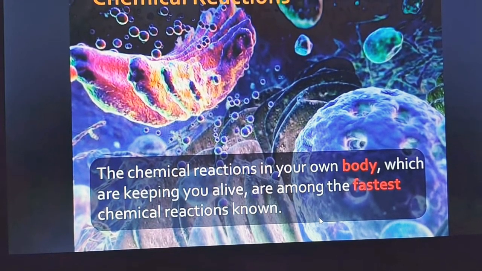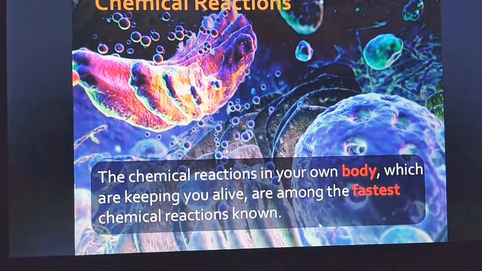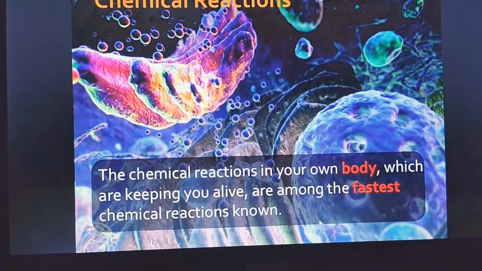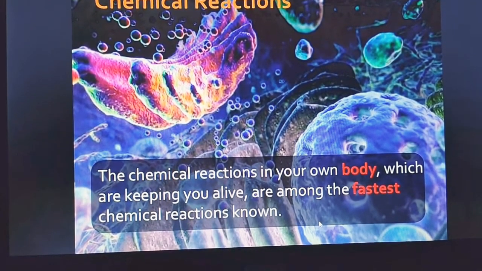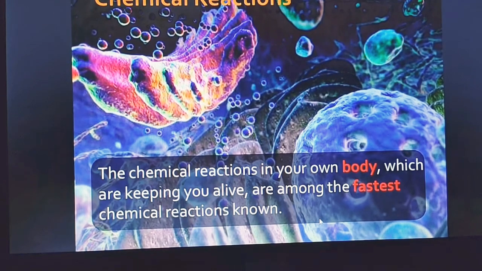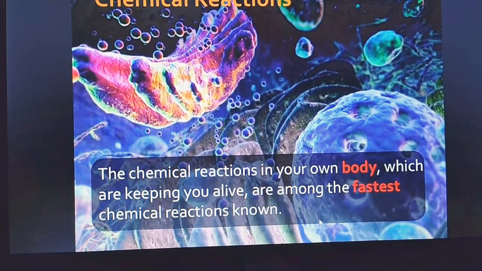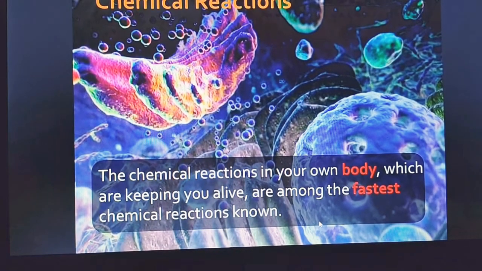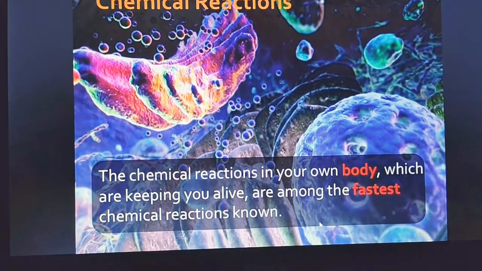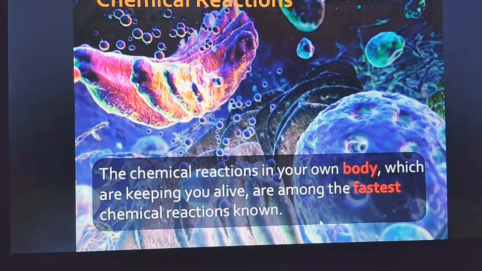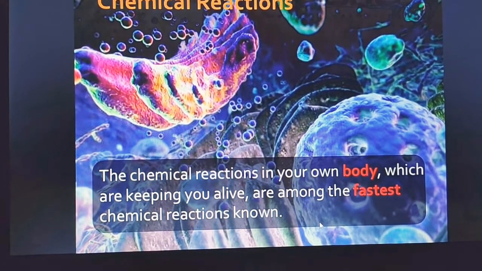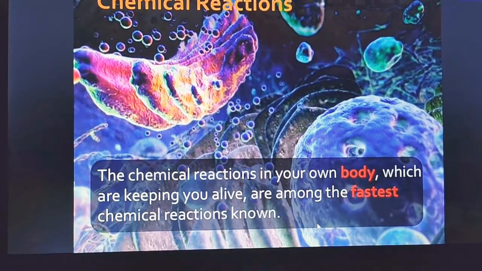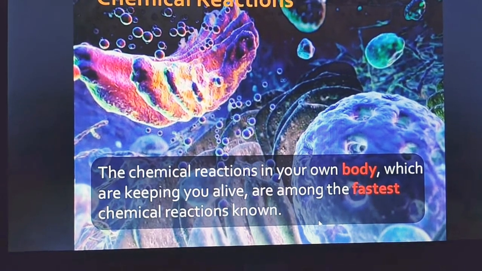When digestion of starch occurs in your body, only the amylase enzyme will take part. Like that, only lipase will take part in digestion of fats. And for digestion of proteins, which enzymes take part? Pepsin, trypsin and peptidases are the enzymes which digest the proteins. So these are the enzymes which are helpful for the metabolic reactions.